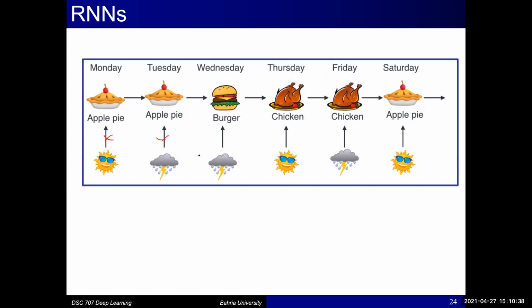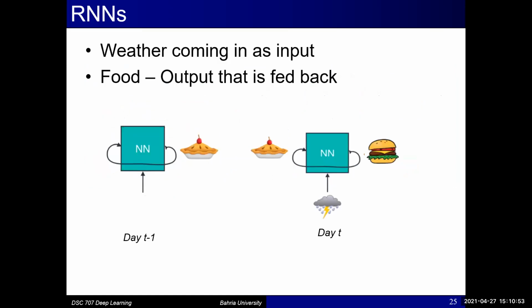Now we have this additional input, and if this input is sunny, you keep the previous one, and if this input is rainy, you actually move to the next dish in your sequence. So now this is relatively closer to how an RNN works in practice, right? So this was the situation at day t minus 1. Okay, you cook this thing. Now when you are predicting for day t, you will say, okay, what is the weather on day t?